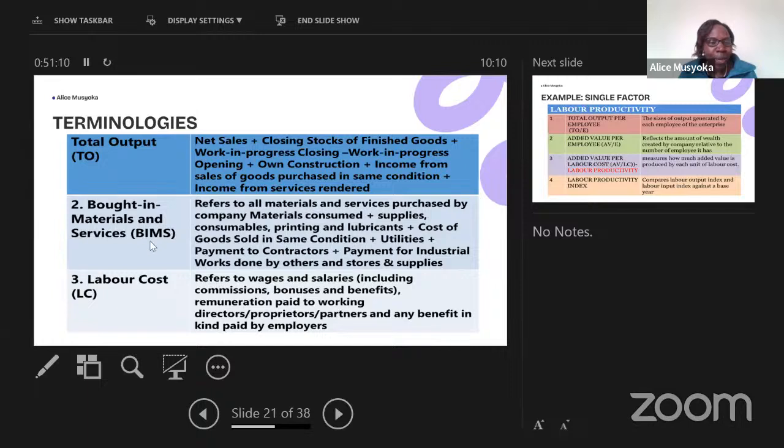That is what we mean by BIMS, brought-in materials and services. Then labor costs. When we talk about labor costs, and I know we HR are very conversant with this, it refers to wages and salaries, including commissions, bonuses, and benefits, remuneration paid to working directors, proprietors, partners, and any benefits in kind paid by employers. That is what we consider under labor costs.